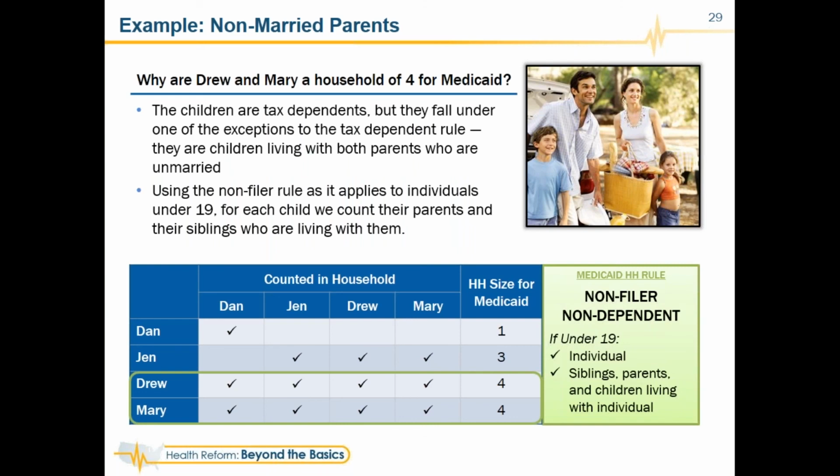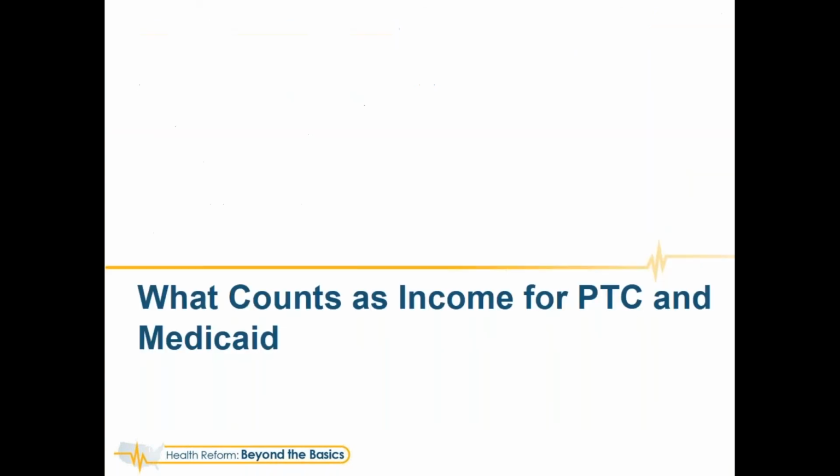They're children living with both parents who are unmarried. So using the non-filer rules as they apply to individuals under 19, because they're children, for each child we count their parents and the siblings who live with them. So in this case, their household size is 4. This is one of those cases where you have mom and dad and children all living together, but as you can see, there's a lot of differences between their household sizes.